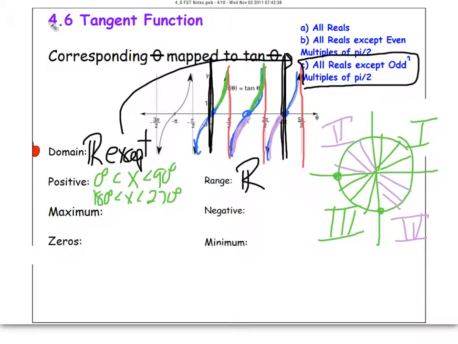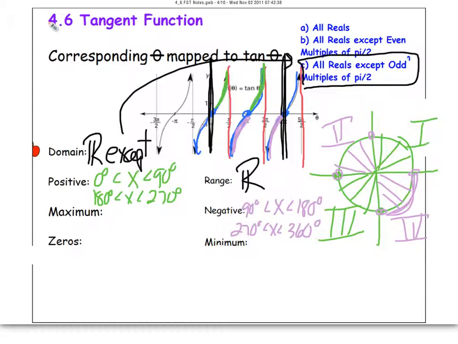So it's going to be negative from 90 degrees to 180, so the x's are from 90 degrees to 180 degrees, and then from here, 270 to 360. And be careful, we don't use is equal to on here, because here the slope is 0, here it's undefined, so we cannot include it.